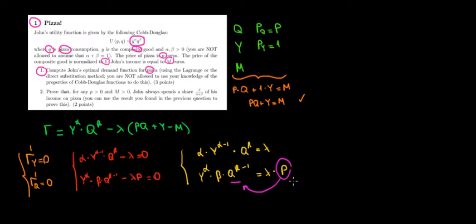So we'll do that, meaning that in the first equation we have lambda equals alpha times y to the power alpha minus 1 times q to the power beta. Here we have lambda equals y to the power alpha times beta times q to the power beta minus 1, divided by the price. Let's go below and continue.